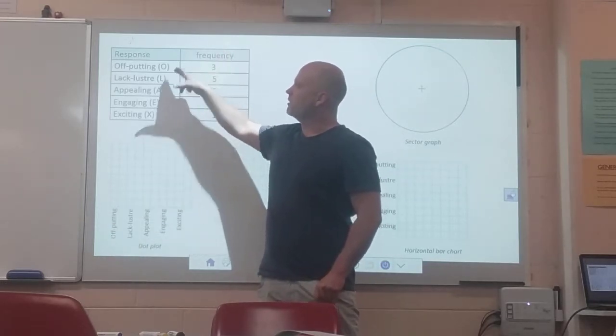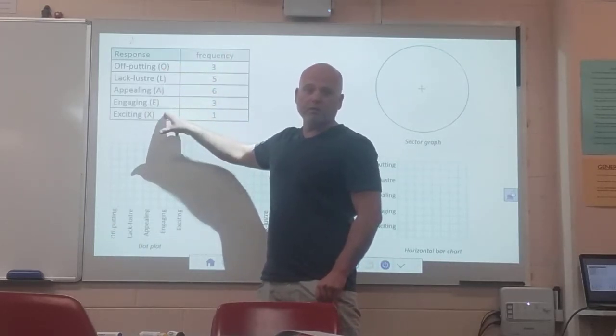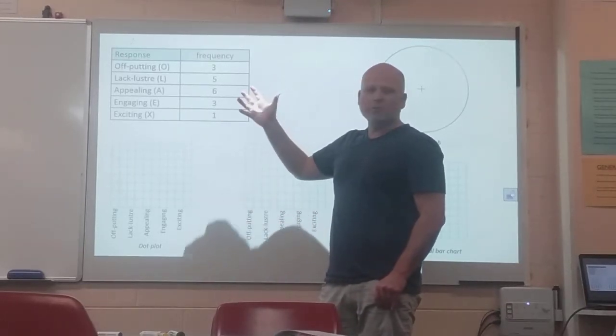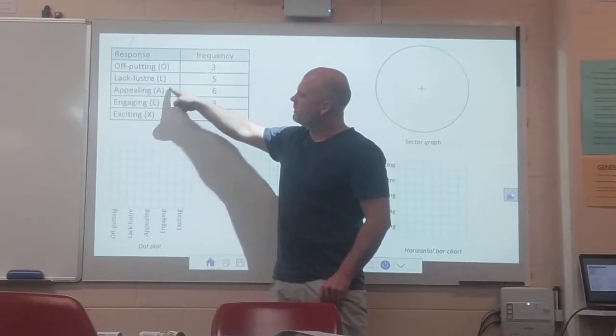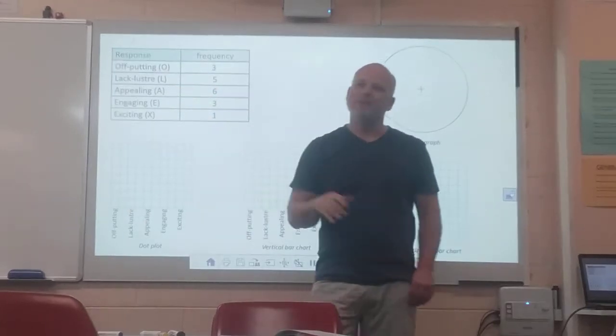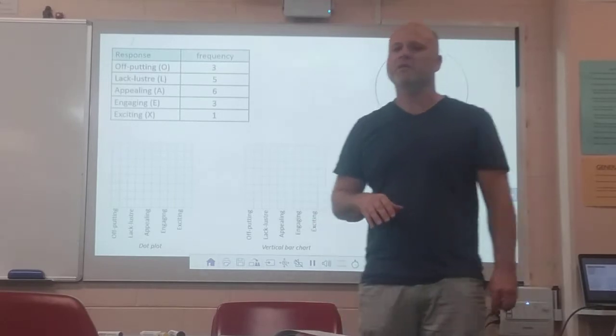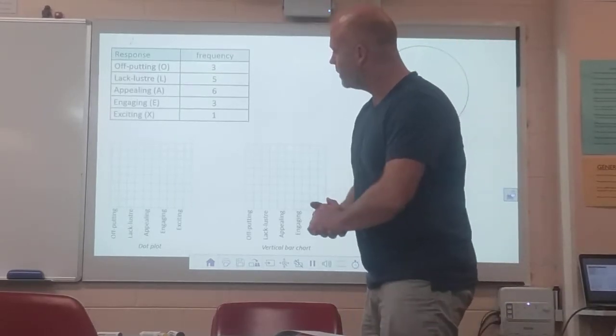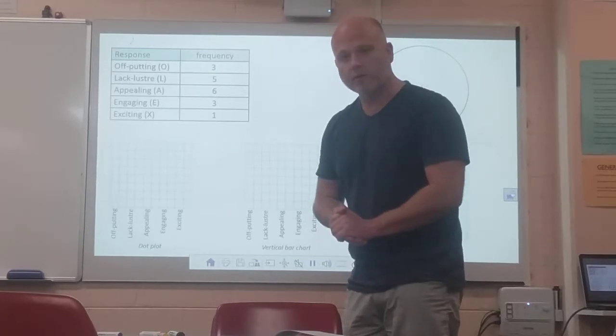But what is the difference in order between, say, engaging and appealing, and then off-putting and lackluster? A little bit debatable there, but I think it's supposed to be ordinal. Anyway, that's a debate for another time. Let's have a go at constructing these diagrams.